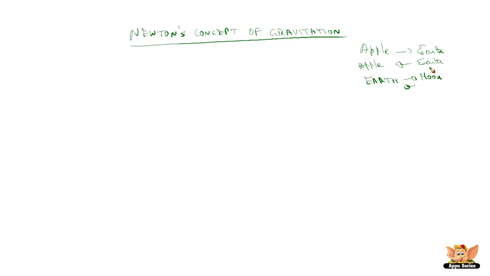All these observations led Newton to think about the motion of the planets and the motion of objects with respect to the earth. So when he studied this, he came out with the body moving in a circular motion.